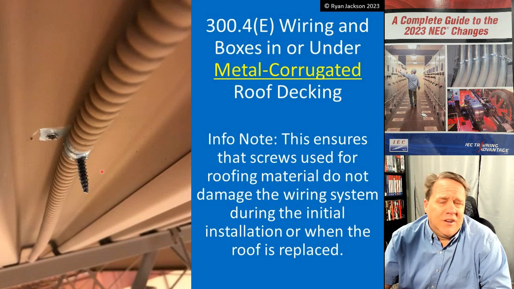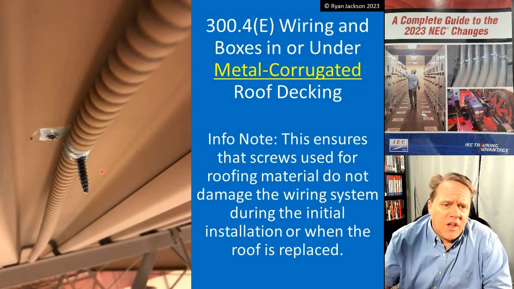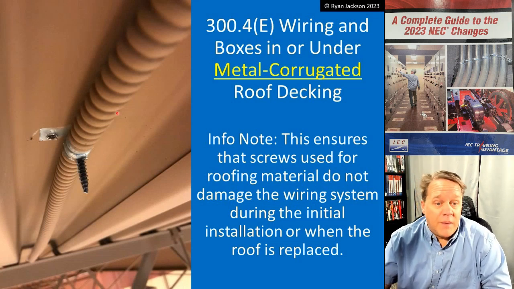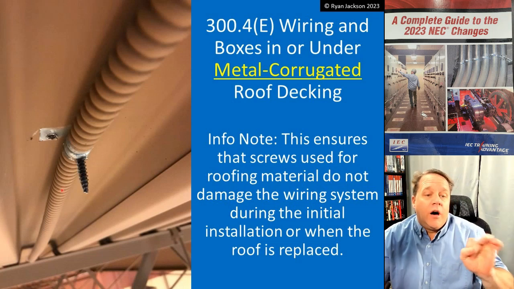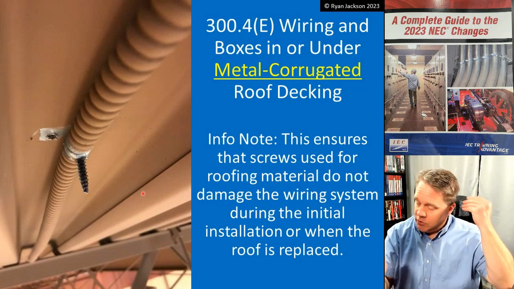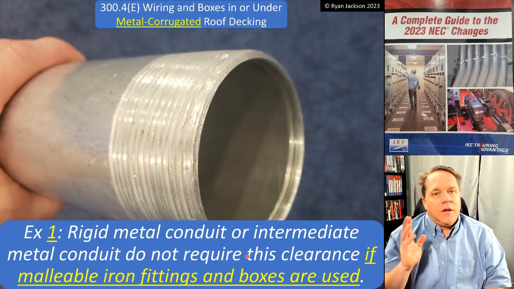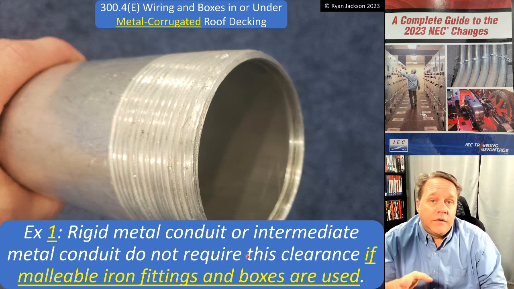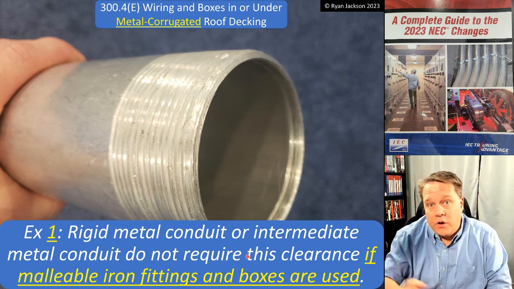This photograph here is a great reminder of why this section exists. Not only did the roofing screw go right through the MC cable, but it also went right through the one-hole strap and the MC cable. Just a grim reminder of how powerful these screws really are. They will drill right through your conduit. However, if you're using rigid metal conduit or IMC conduit, you don't have to follow this requirement because the product is thick enough that it will stop one of those roofing screws.